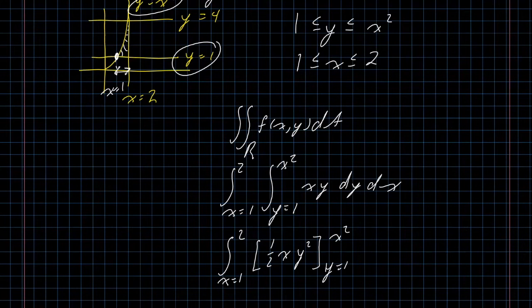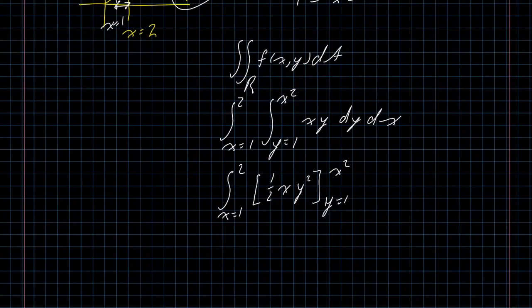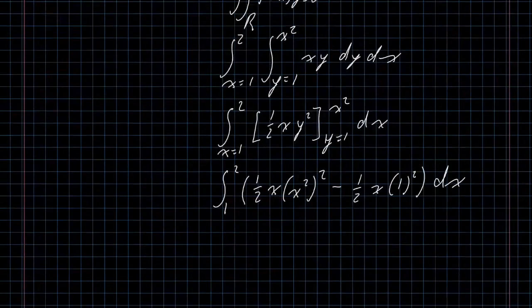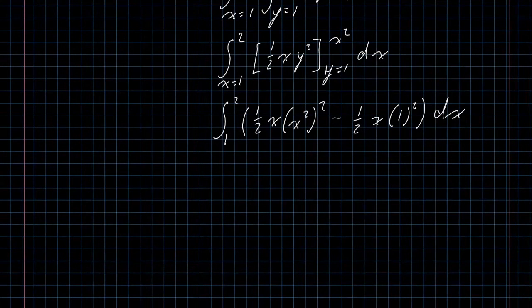It feels a little bit weird substituting in x squared for y in this expression, but that's exactly what we're going to do. 1/2 times x times x squared squared minus 1/2 times x times 1 squared. X squared squared is x to the 4th times another x is x to the 5th.